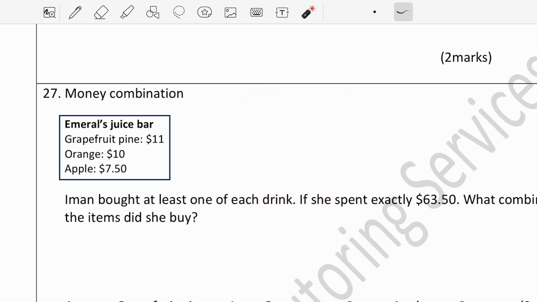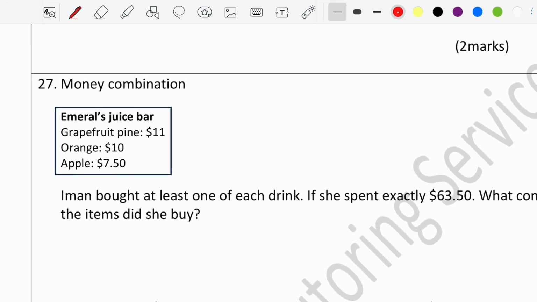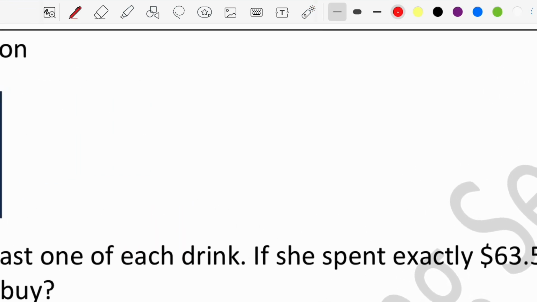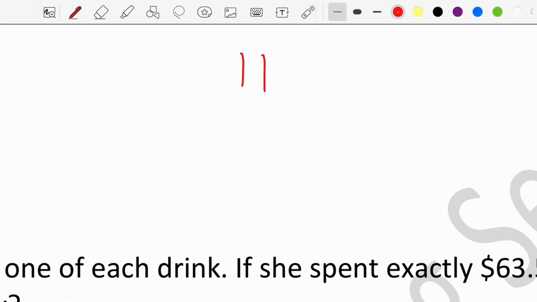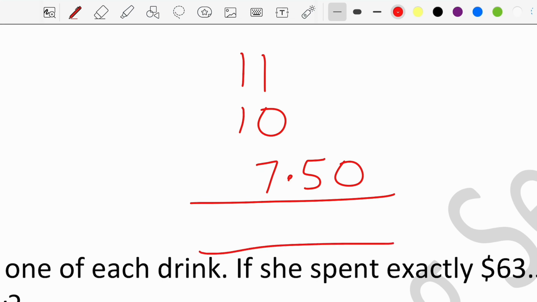And that will not give you a remainder of 50 cents. Right? So one of the ways we can approach this question is to add one of each, because they told us there must be at least one of each. So 1 grapefruit plus 1 orange plus 1 apple, so that's $28.50.